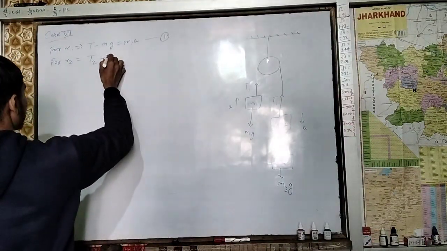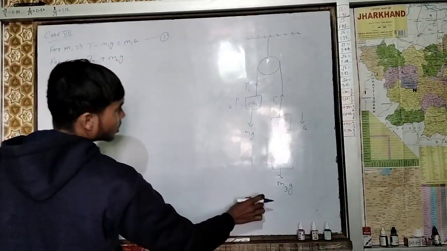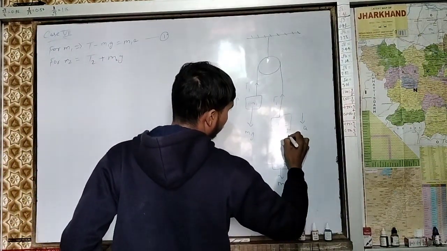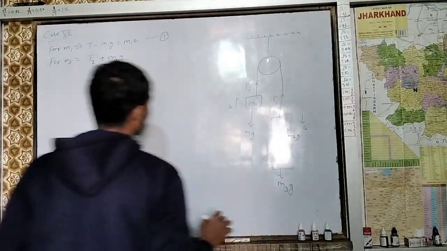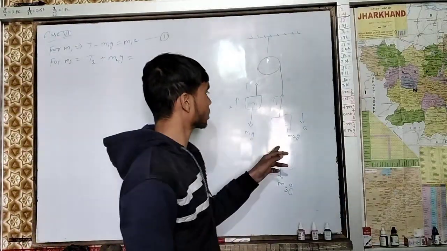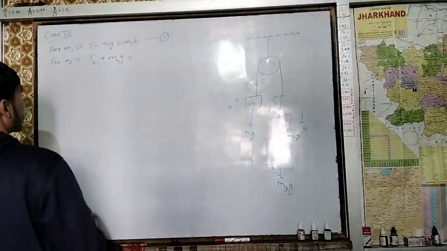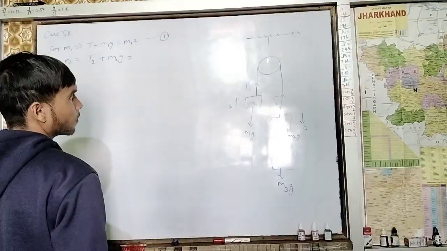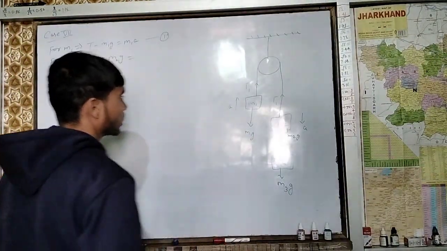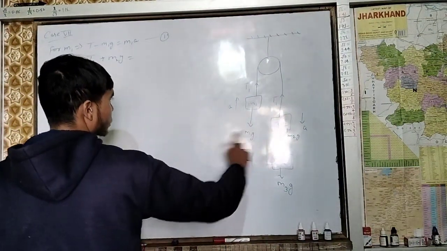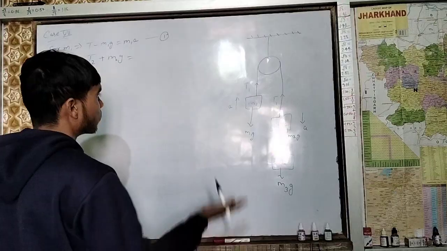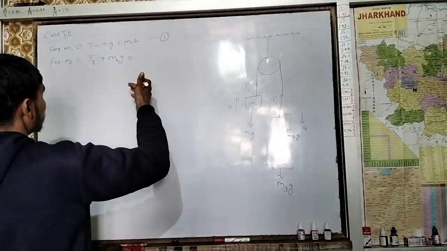So T2 plus M2Z, over here, this will give us M2Z. Okay, this force plus this force will be equal to, reason is this is T and this is also T, that's why, and both are downward, so the direction will be same.